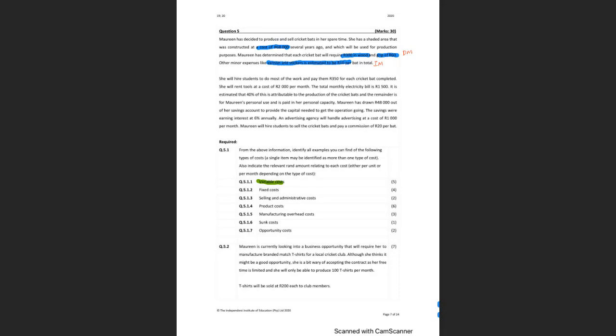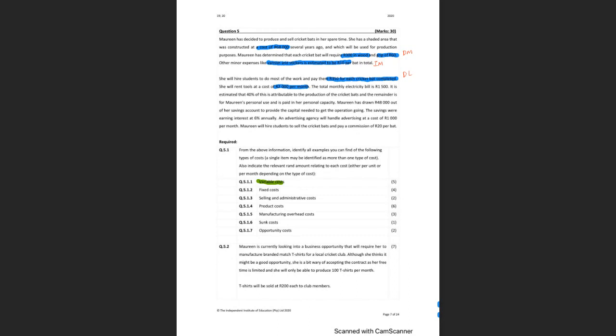Then they said to you she will hire students to do most of the work and pay them 350 Rand for each cricket bat complete. So this would be your direct labor. She will rent tools at a cost of 2,000 Rand per month.